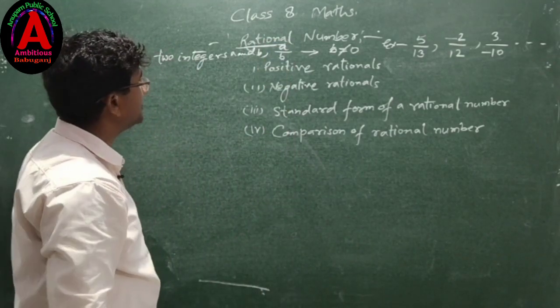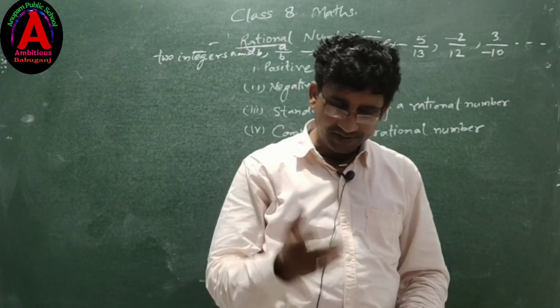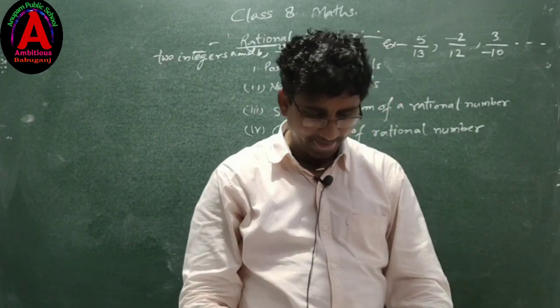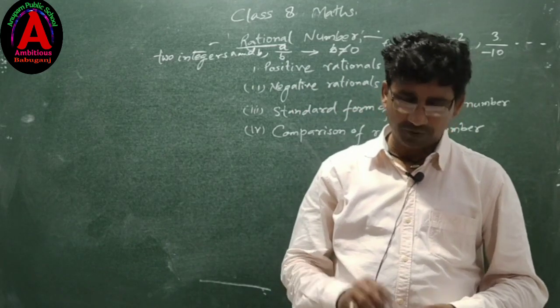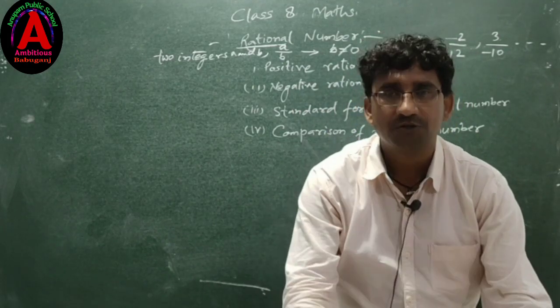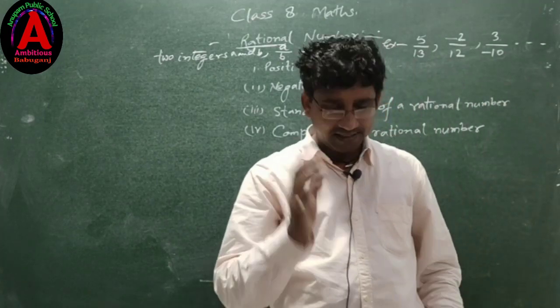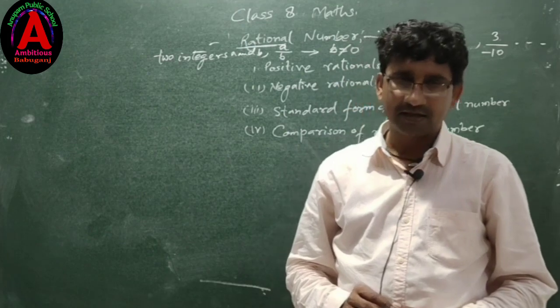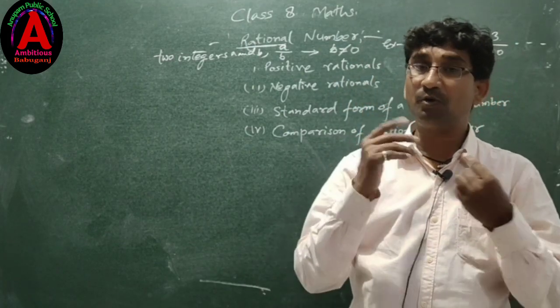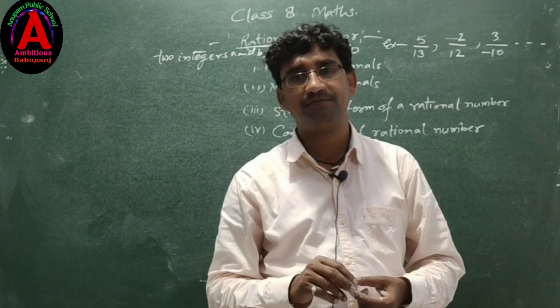Now next is positive rationals. What is a positive rational? A rational number is said to be positive if its numerator and denominator are both positive or both negative.